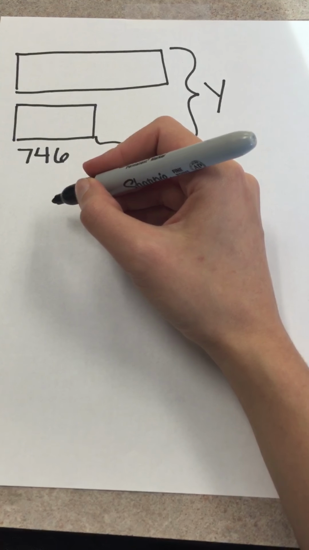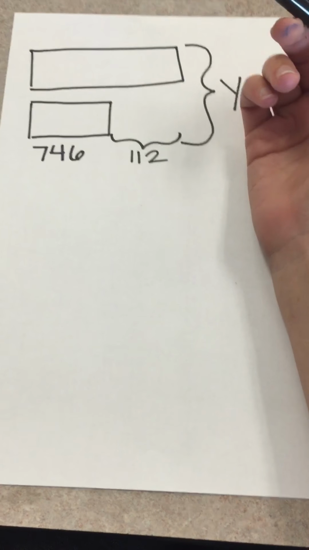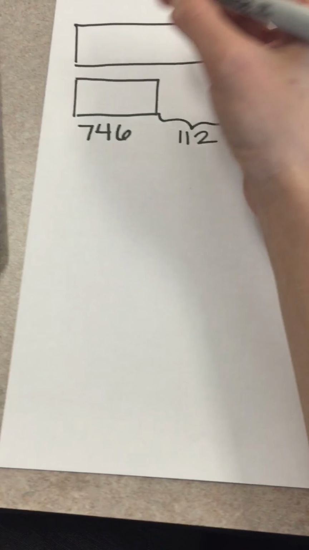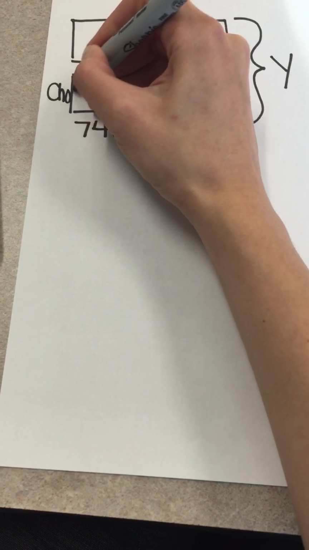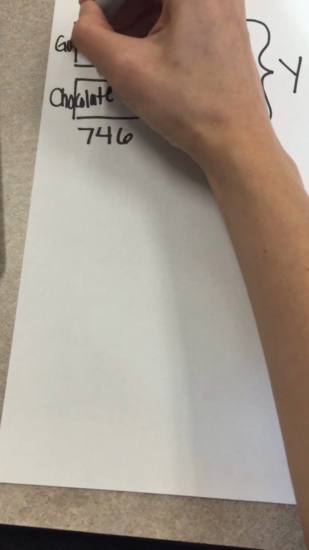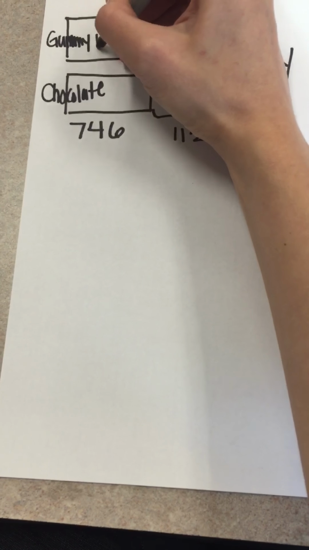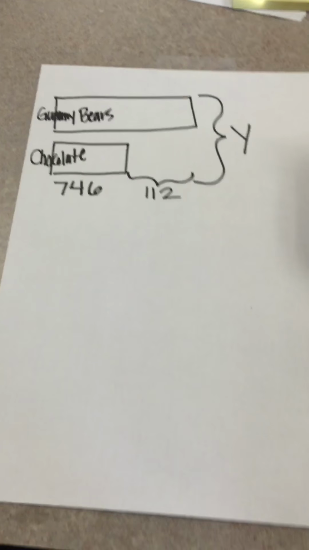So maybe a candy factory. I know there's two pieces of tape, so maybe they're making two things. Maybe they're making, let's say, chocolate, and they're making gummy bears. Okay, so now I need to think about my problem.